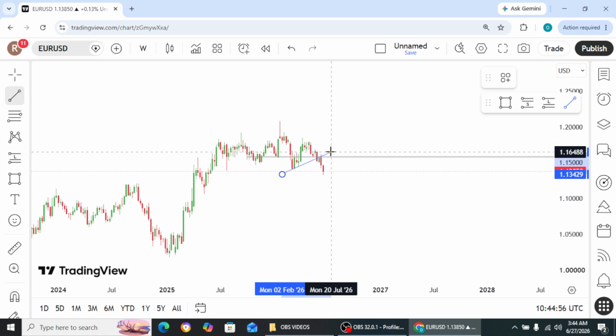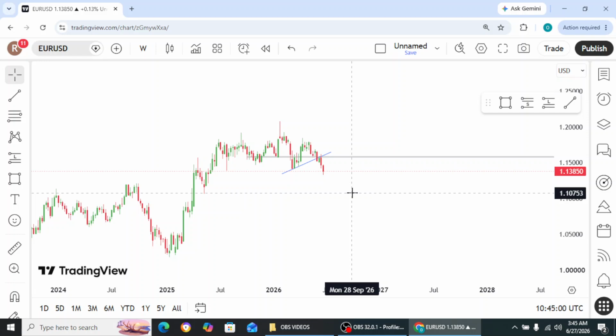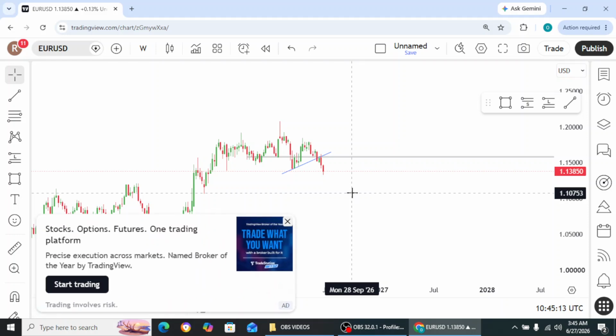What is this telling us? This is telling us that for the week coming, starting on the 29th, Euro USD is giving us a selling possibility, that this whole week we should be looking for selling opportunity.